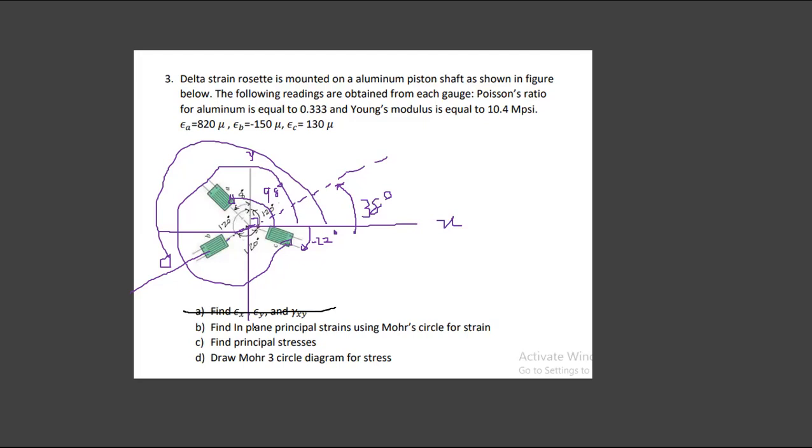So you need to draw this, okay, find the principal stresses, right? So Mohr circle you have to draw it, right? Okay, so if you draw it using a Mohr circle, right?